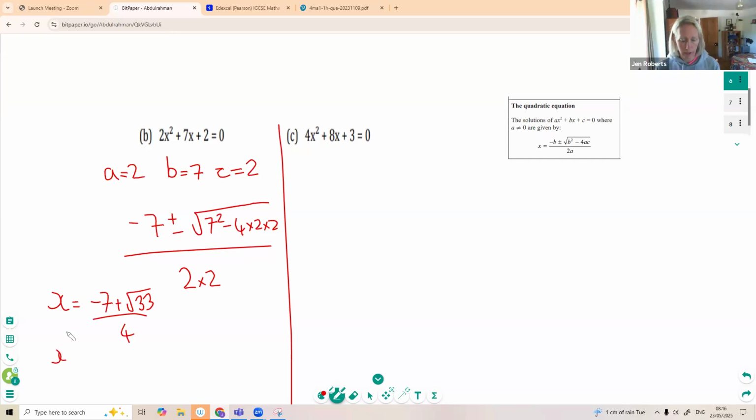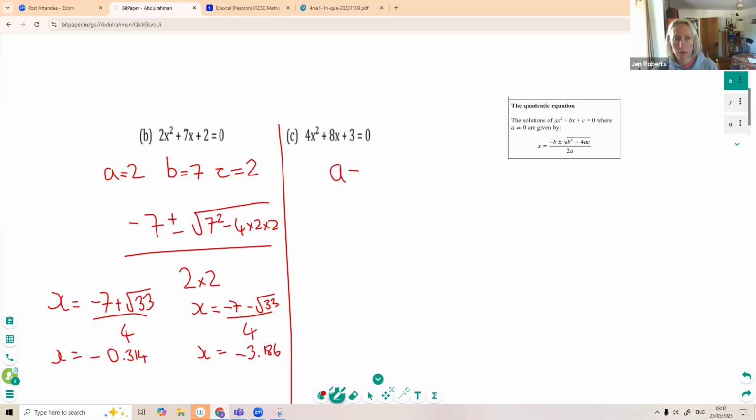If I type that into the calculator, I put an equals in after the root 33. So I do -7 plus root 33 equals, and then divide the answer by 4. Minus 0.314. And the other solution, -7 minus root 33 all over 4, is minus 3.186.